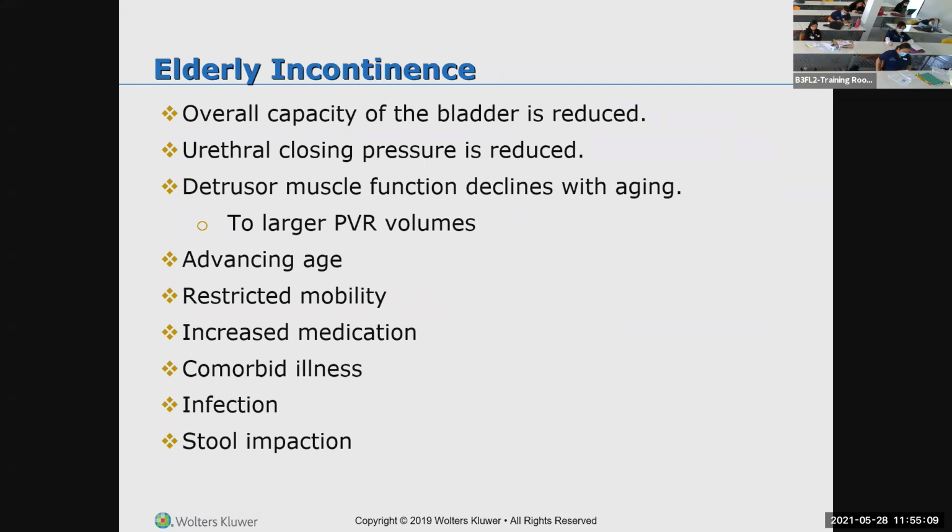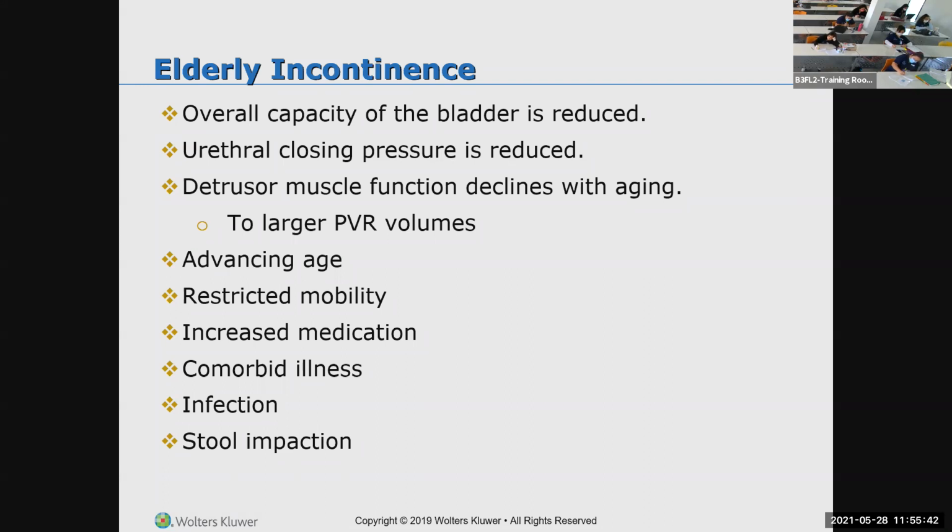In the elderly, they do have incontinence. Overall capacity of the bladder is reduced because of age. Now we see over here, urethral closing pressure is reduced. As a result, every time there is some leakage of urine, the patient is not aware, the patient says he is fine, but his clothes are getting wet.